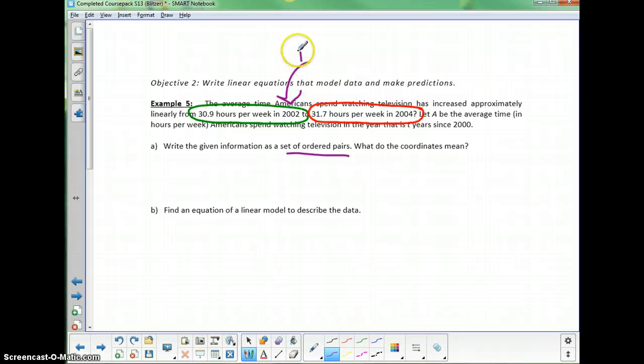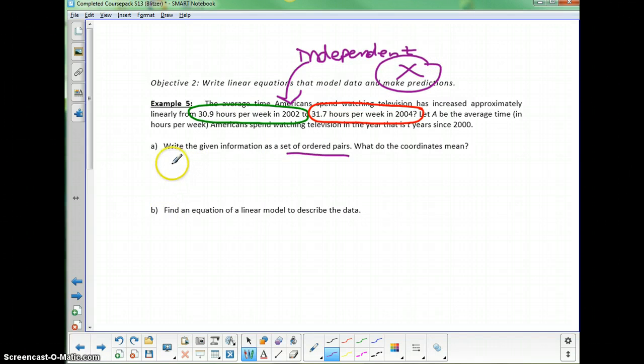So the independent variable is time. And the independent is going to be our x. So when I write my ordered pair right here, I'm going to start with the time value. The next thing to notice is that my time value is supposed to be in years since 2000. So I'm not going to be using the entire 2002 value.